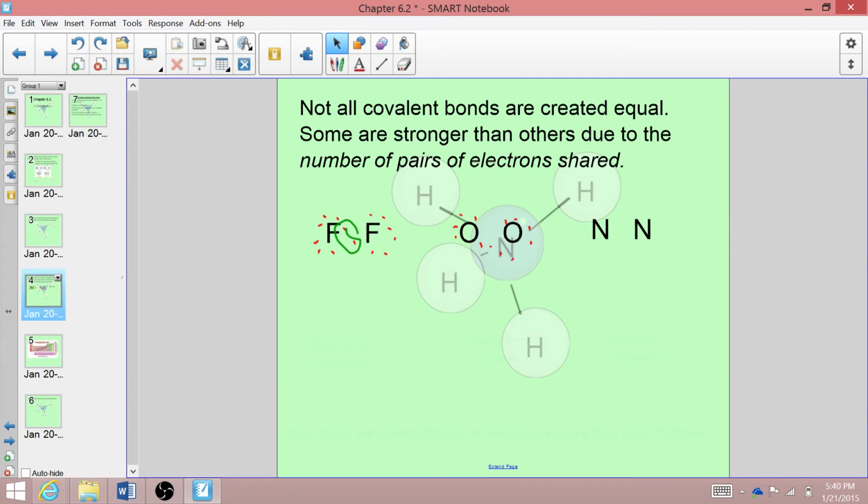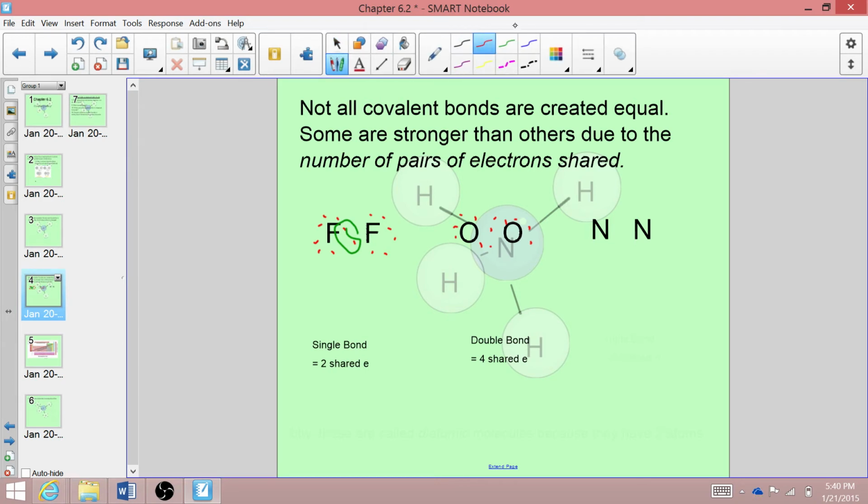So what they need to do is they actually need to share between them 2 pairs of electrons. So with oxygen, in order for both of these oxygen atoms to have a full valence shell at 8, they need to share between them 4 electrons. This is twice as many as in fluorine, where they shared 2, so we call this a double bond.